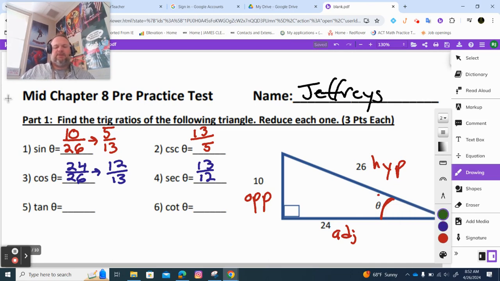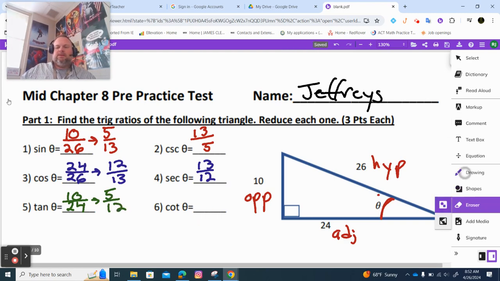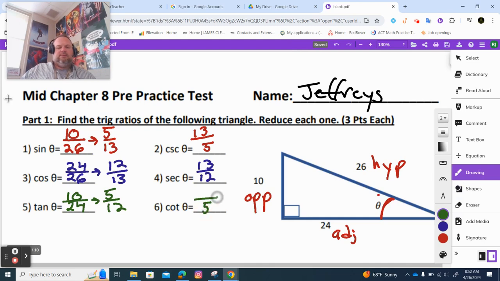Tangent is opposite over adjacent, so 5 and 12.